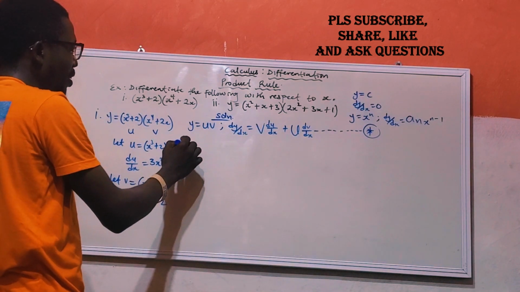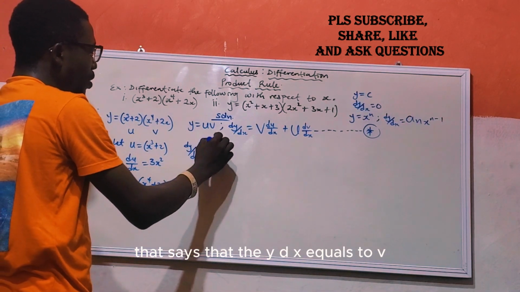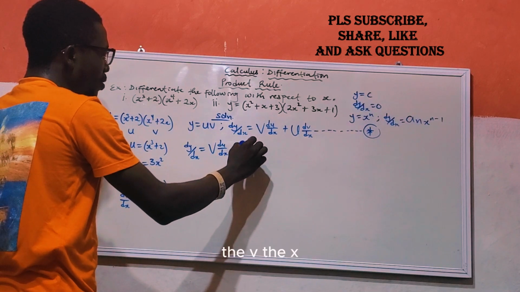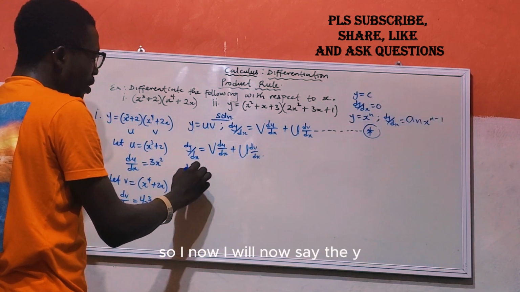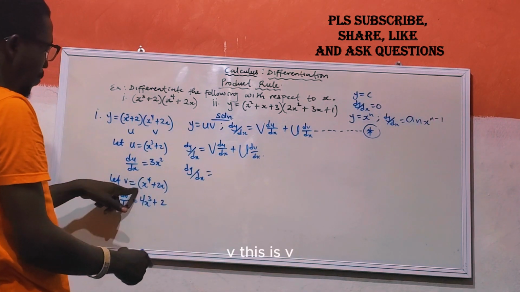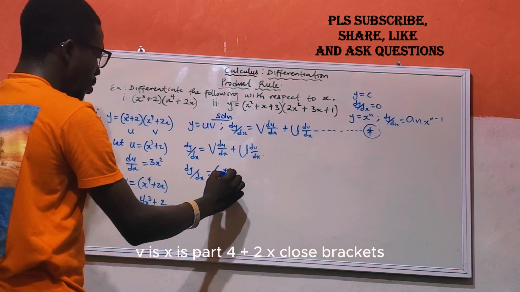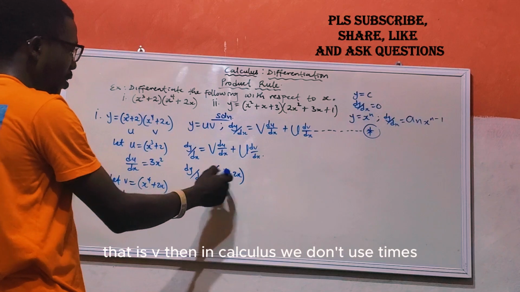Since I have noted my u, du/dx, v, dv/dx, I can come back to the formula dy/dx equals v du/dx plus u dv/dx. So dy/dx equals v, which is x to the power 4 plus 2x, in brackets.